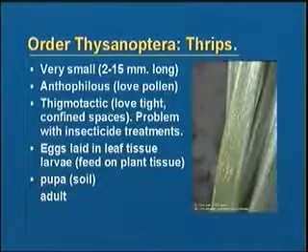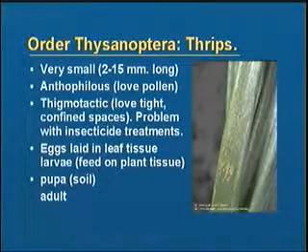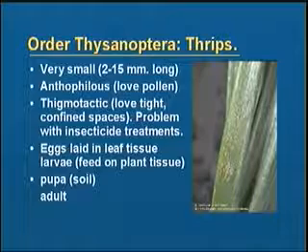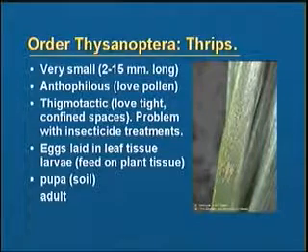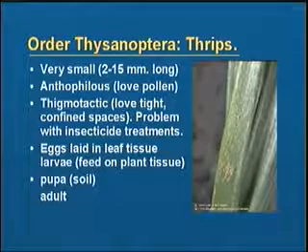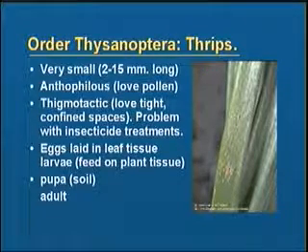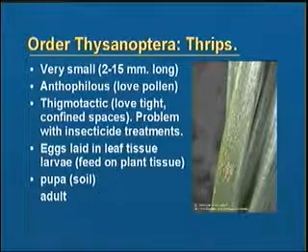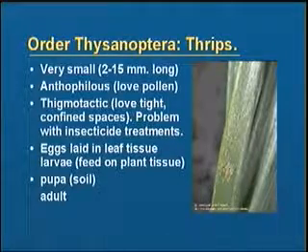They lay their eggs inside leaf tissue, and the larvae feed on plant tissue, then they pupate. The pupae are often in the soil, so that's another difficulty in controlling thrips, because you may have done a good job of spraying your plants, but if the pupae are in the soil, they're going to emerge as adults and another generation is going to come.